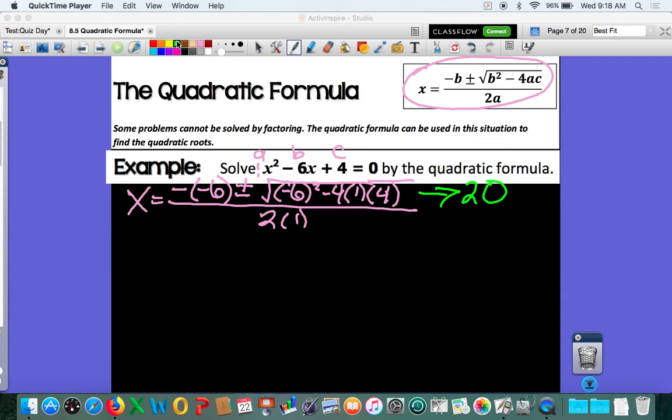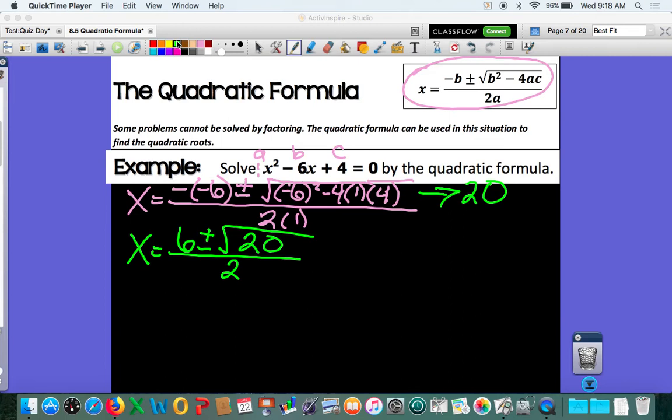All right, the next thing I need to do is simplify what I have. So x equals negative negative makes that a positive 6 plus or minus the square root of 20, all of it over 2 times 1 is 2. Now we have to deal with this plus and minus sign in the middle. Your calculator does not have a plus minus button.